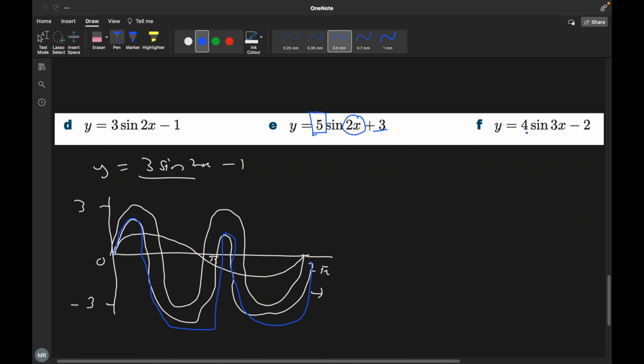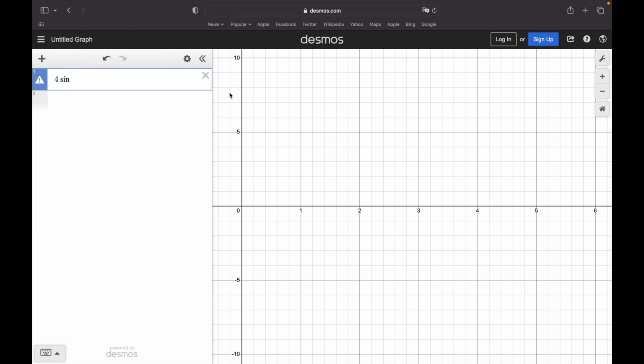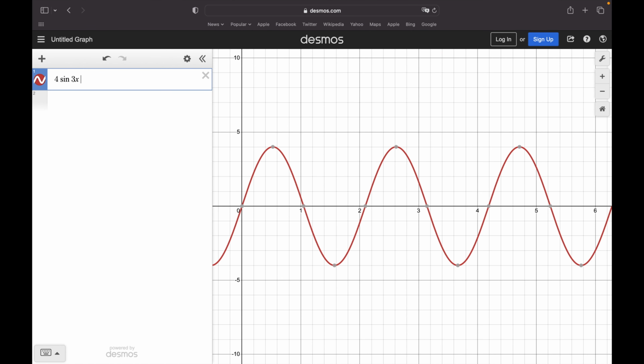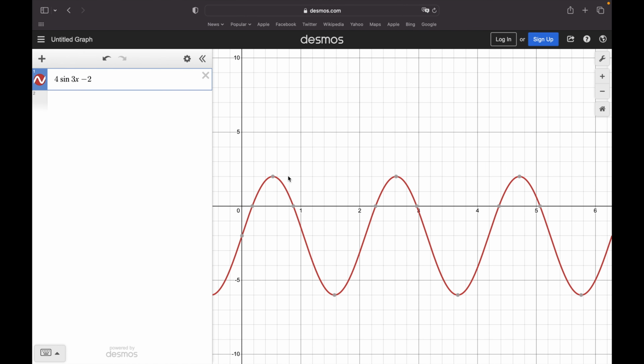Now let's graph this one. The period would be 2 pi by 3. This is how it's supposed to look like. The principal axis would be y equals minus 2, and it would finish 3 complete cycles.